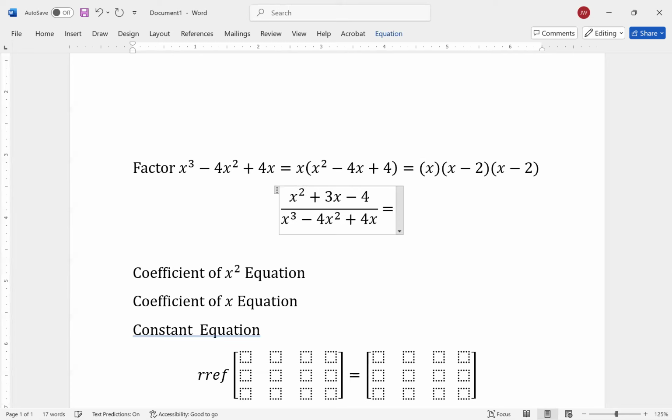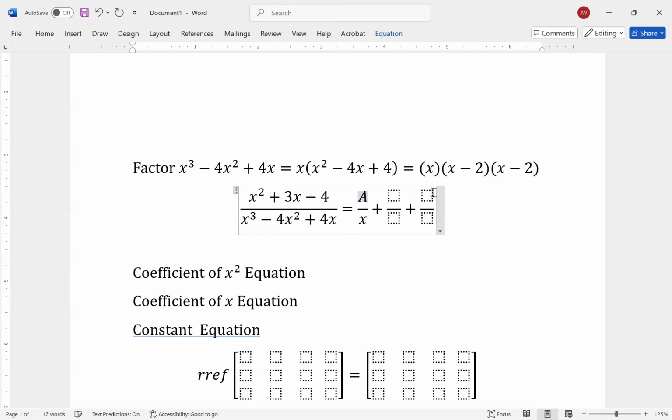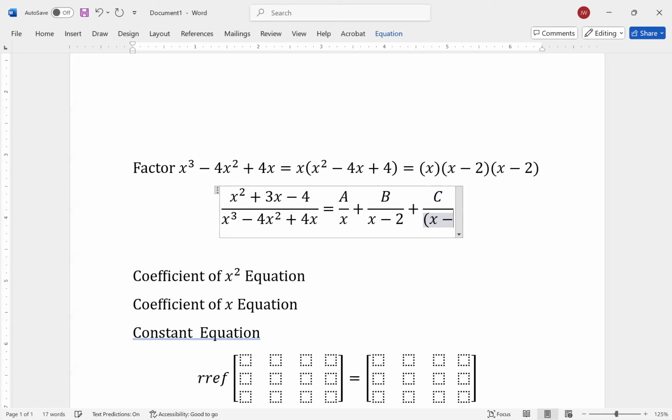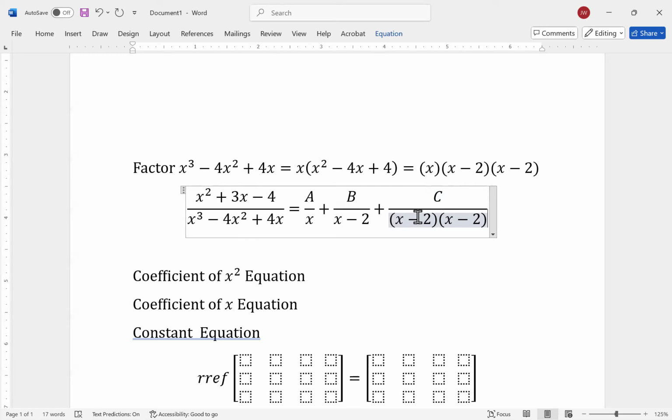It may be obvious to some, it may be very unobvious to others how to put these together. Basically, you're going to put x, the distinct one, as one denominator, then x minus 2 as the second denominator, and then x minus 2 squared, or x minus 2 times another copy of x minus 2, as the third denominator.